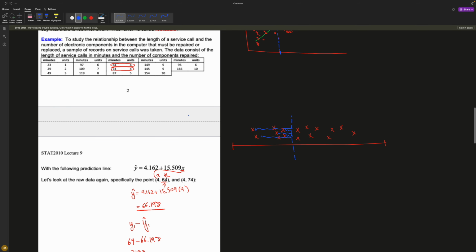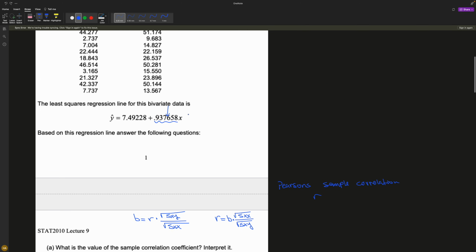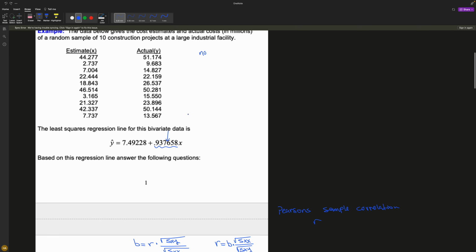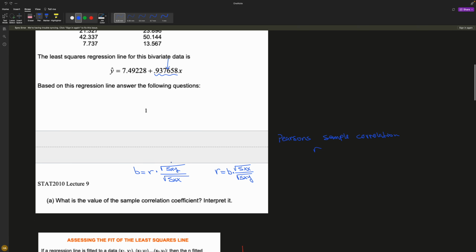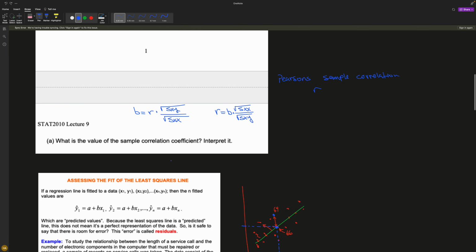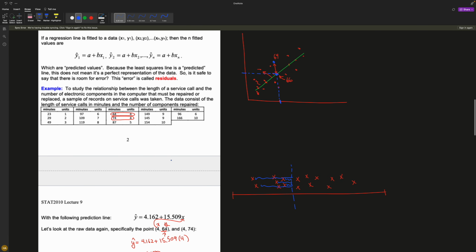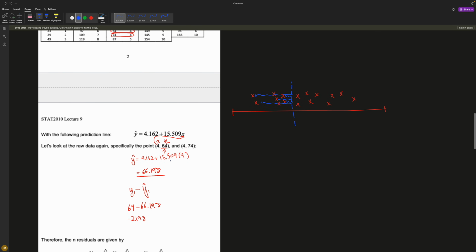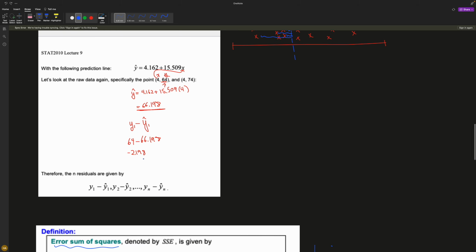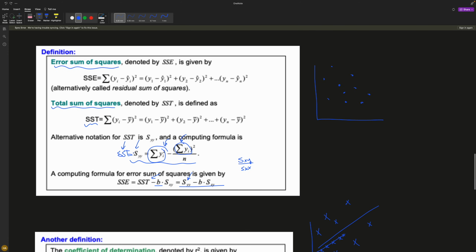All right. To recap this lecture, there is another equation you can use to find your B and R. We spoke about residuals and the errors in your data. SSE is the sum of errors you get from plugging in a point. SSD gives you how spread out your data is.